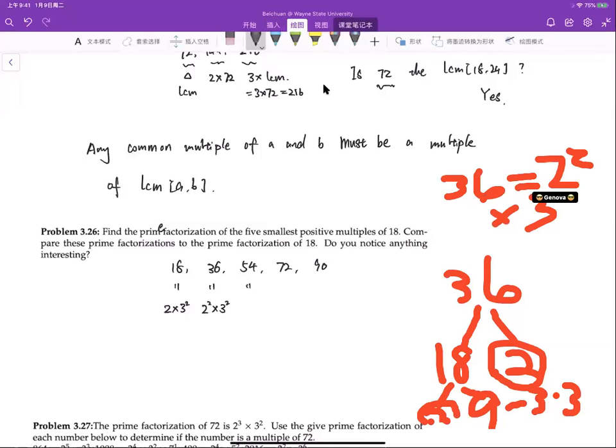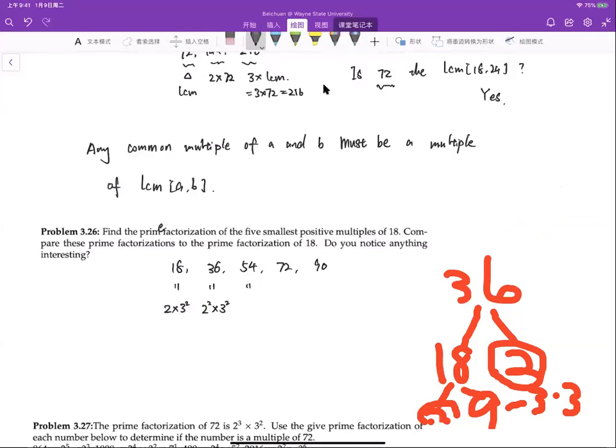Since 36 is already 2 to the power of 2 times 3 to the power of 2... It's not, right?